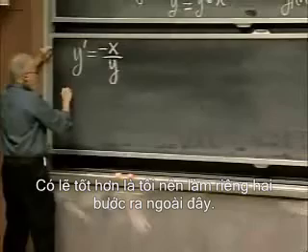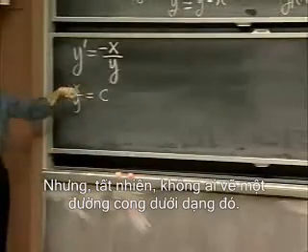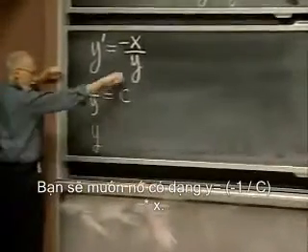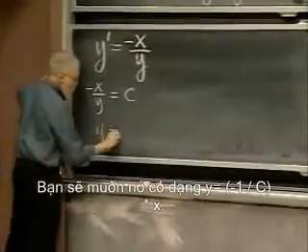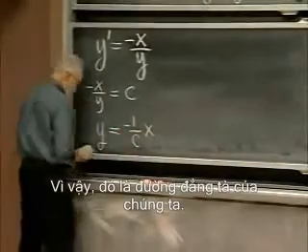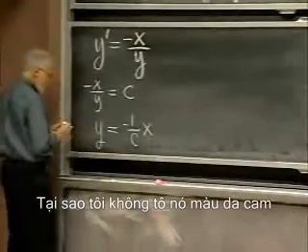Maybe I better make two steps out of this: minus x over y is equal to c. But of course, nobody draws a curve in that form. You'll want it in the form y equals minus 1 over c times x. So there's our isocline.